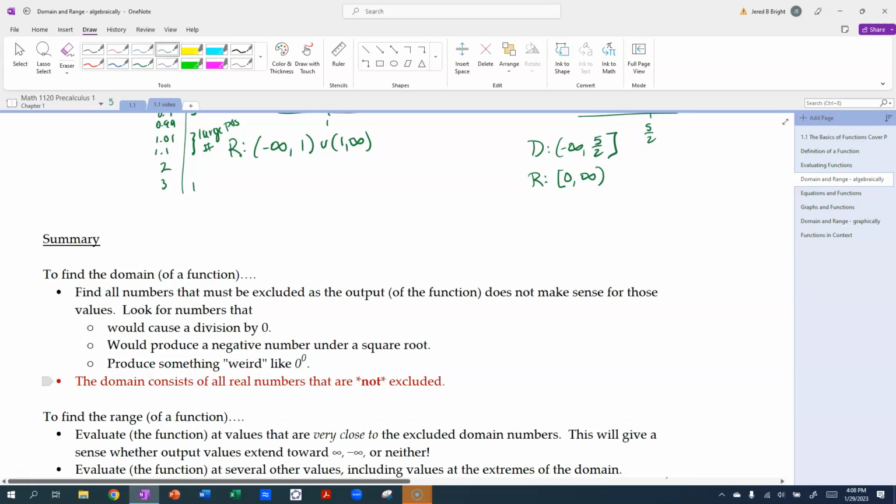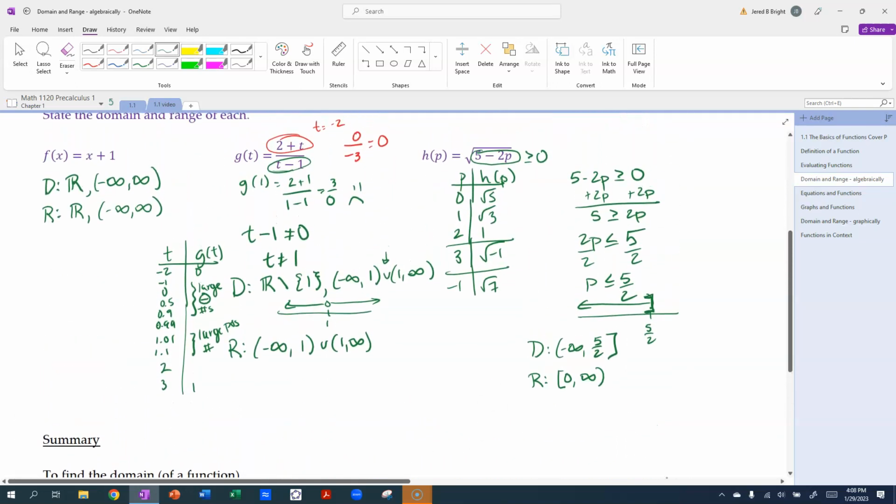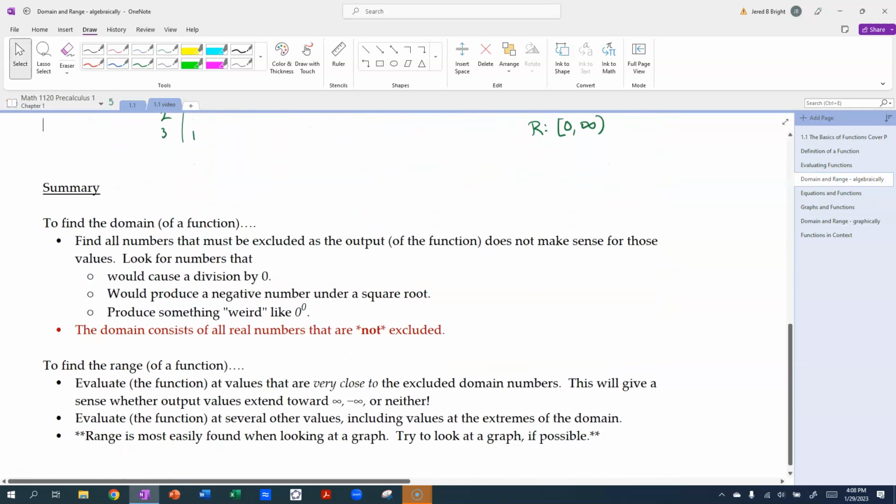We didn't really get an example of that case, but it doesn't happen too frequently. So the domain is all numbers that are not excluded. In the case of the square root, I had to exclude anything beyond 5/2. In the case of G, I had to exclude 1. And for the first one, I didn't have anything excluded.